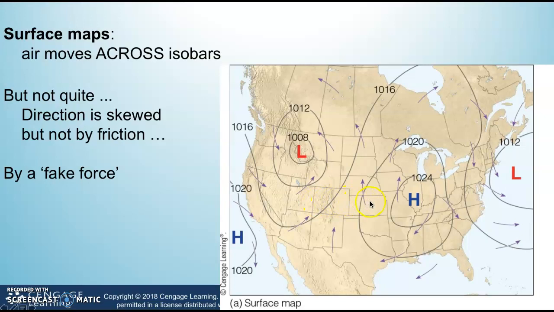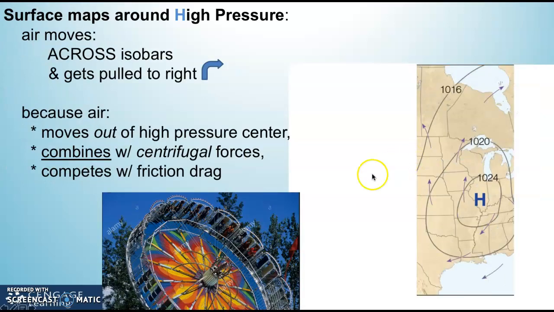So what this means for surface maps is that instead of going from the high pressure to the lower pressure directly across the isobars, you're actually skewing this to the right. And that's because you're moving out of the high pressure centers. You're actually, in some areas, forming a pretty tight gradient and moving faster across the tight gradient.